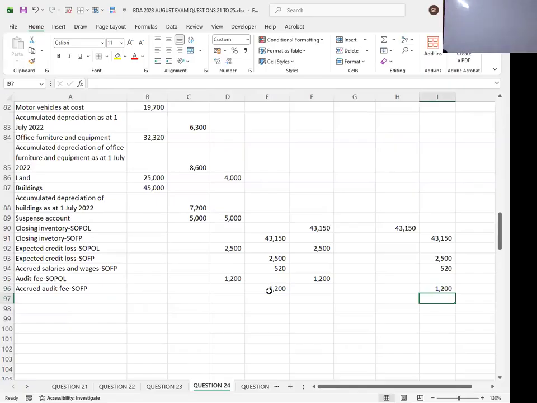Kama tuko pamoja mpaka hapo, sema yes. We are together at that point.